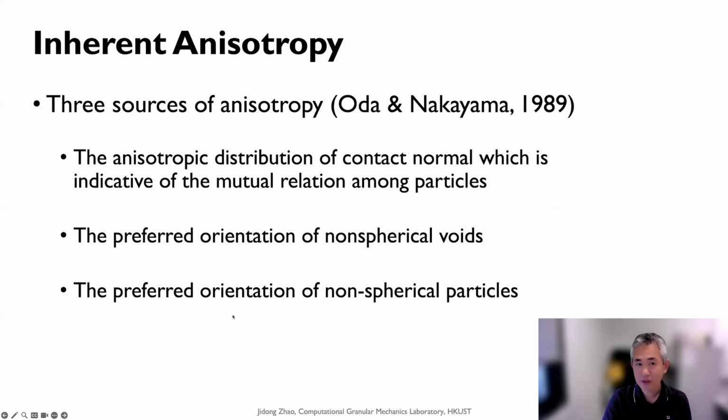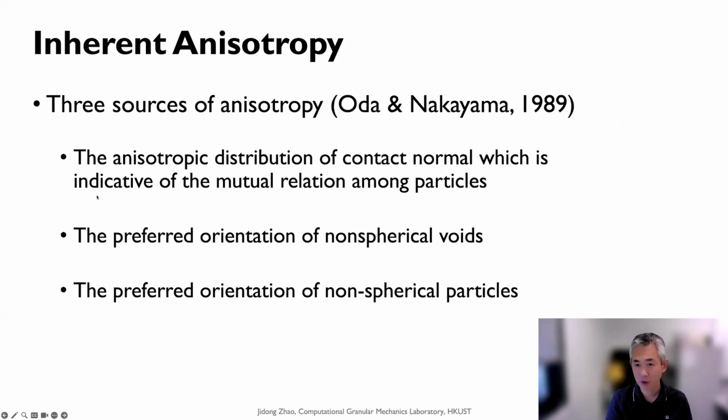And then also for inherent anisotropy, back in 1989, Oda and Nakayama argued that there could be three sources of anisotropy. First, the anisotropic distribution of contact normals: you have particles in contact with each other, and the contact normals will change in different directions because you have so many contacts here.